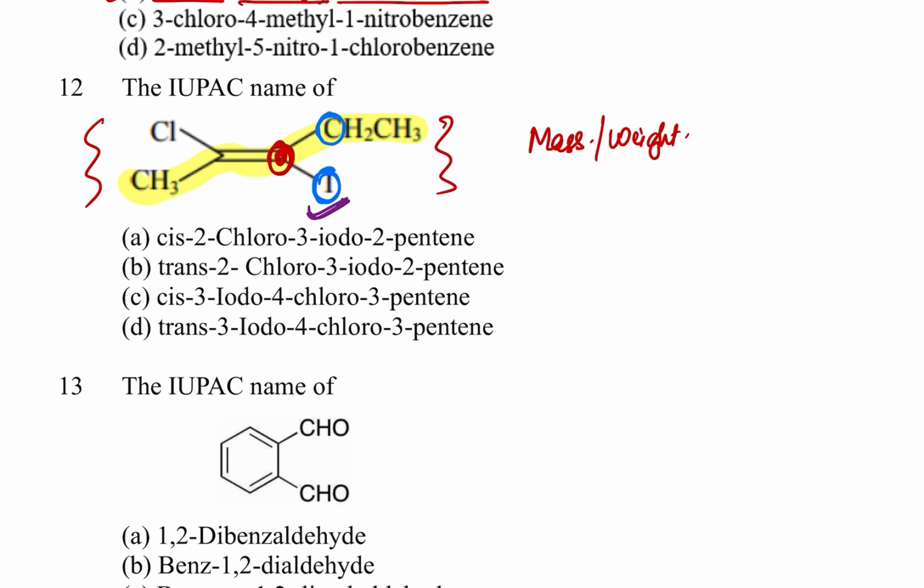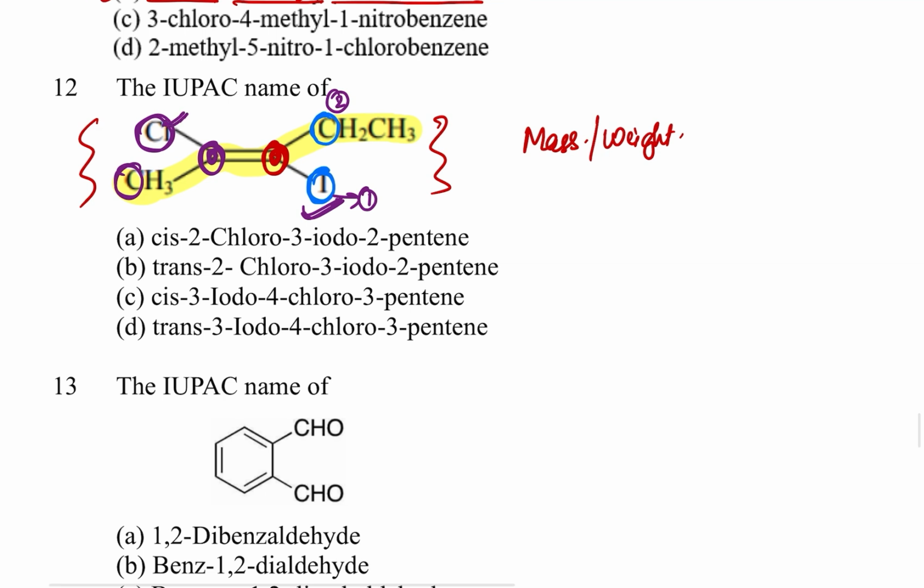So I'll number it as 1 and number the other side as 2. Similar way, the direct attachment with this particular carbon is of again carbon and chlorine. Out of carbon and chlorine, chlorine has more mass. So I'll number chlorine as 1 and CH3 as 2.